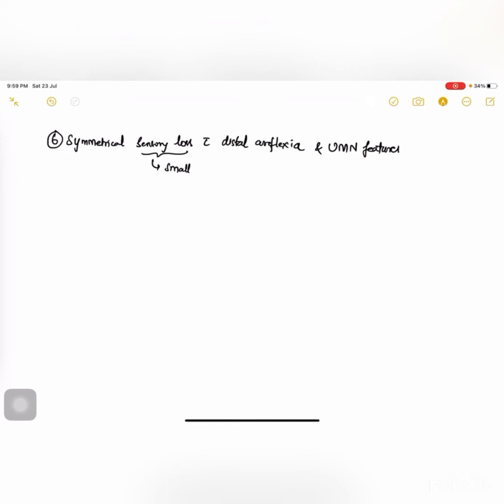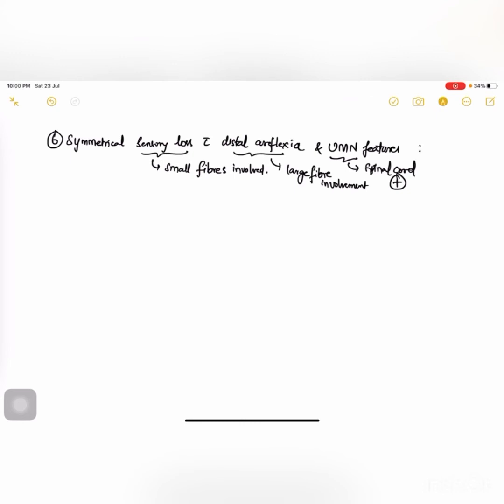Here the sensory loss indicates small fibers are getting involved. Distal areflexia indicates large fiber involvement. And UMN features indicate spinal cord involvement.